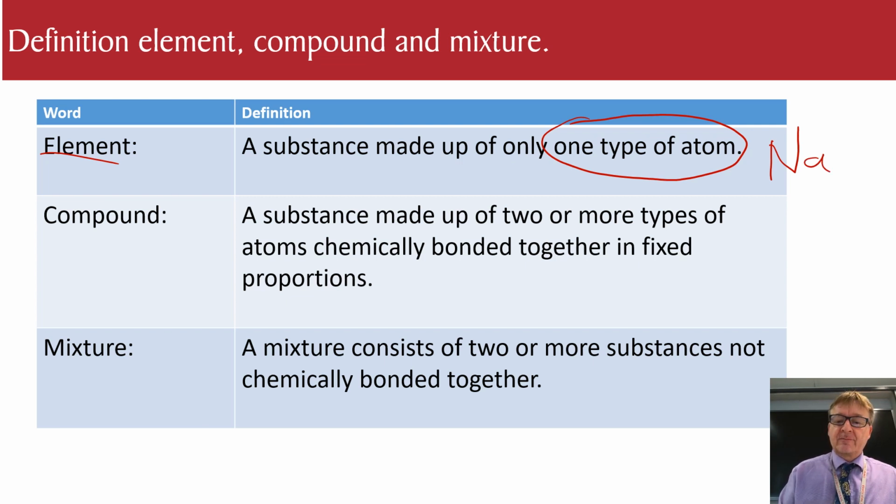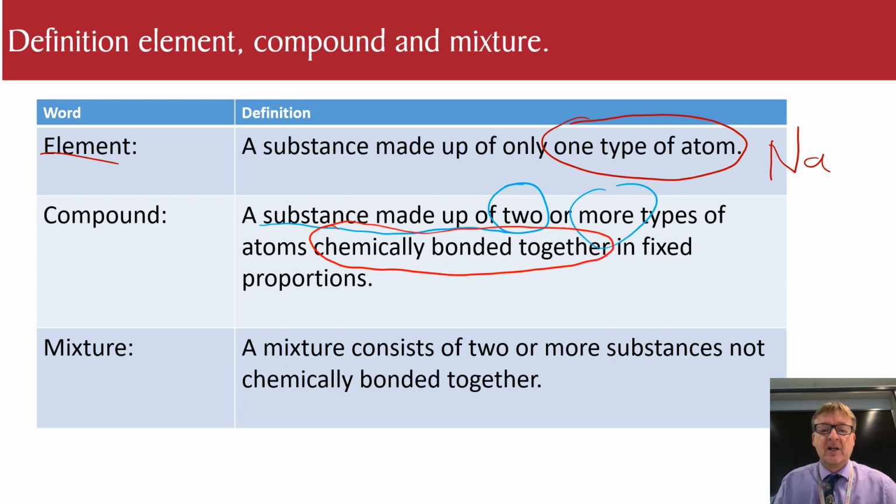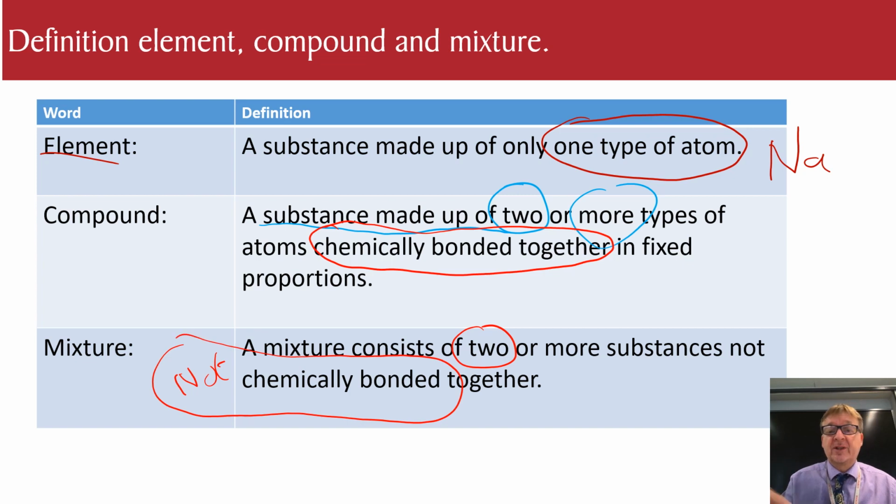A compound is a substance made of 2 or more types of atoms, but the most important thing is that they are chemically bonded together. And a mixture consists of 2 or more substances, just like a compound does, but not chemically bonded together. So you can basically separate them very easily.